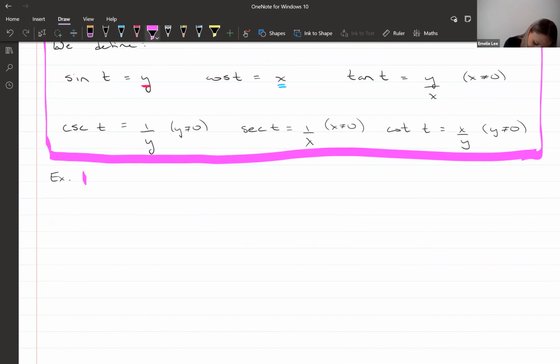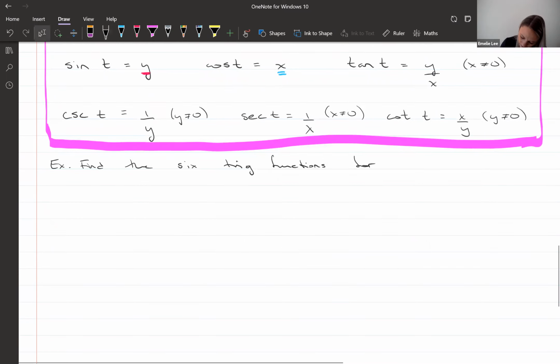So find the 6 trig functions for t equals pi over 3. Okay.